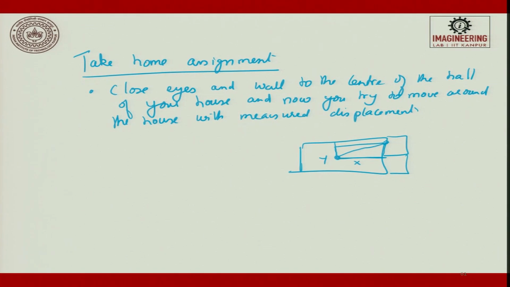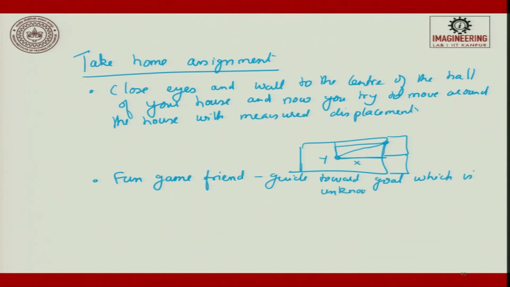So, this tries to teach you about translation, and try to also have a fun game with your friend, wherein your friend keeps guiding you towards a goal which is unknown to you. A computer behaves the same way. All you have to do is give it that information such that it goes.